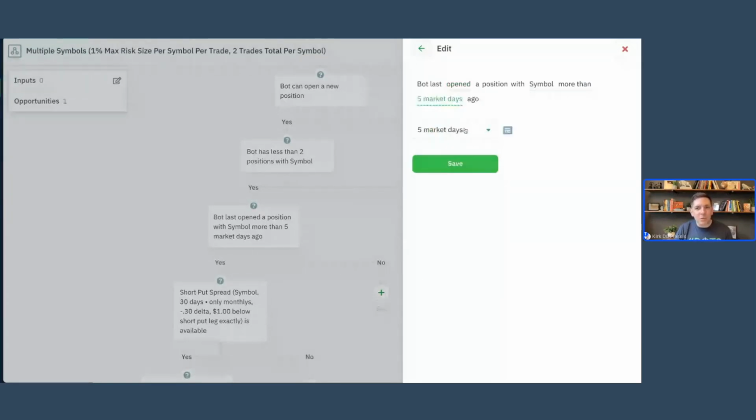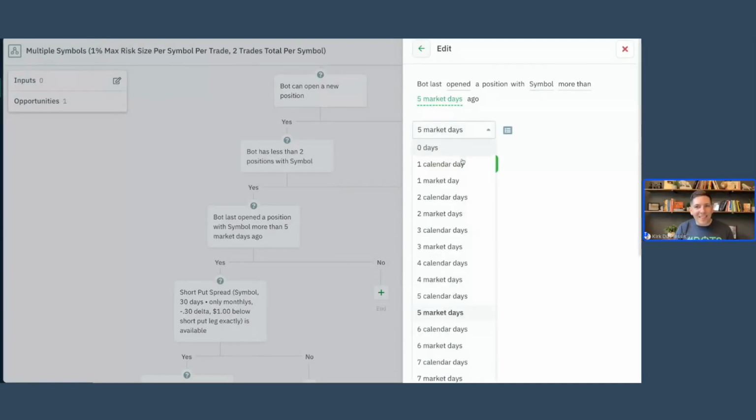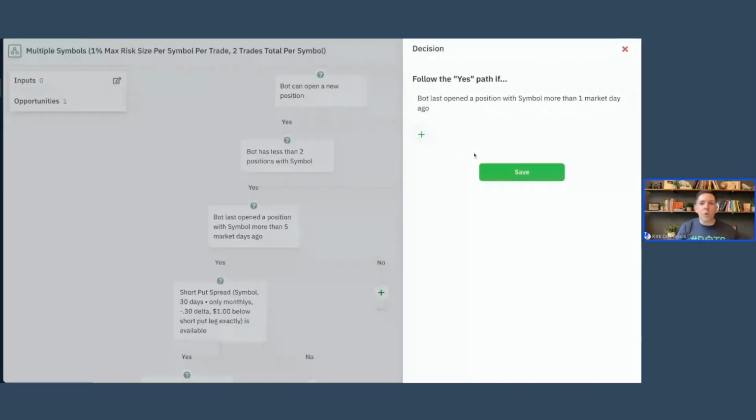This is how you spread your trades out over time. If you just want to enter trades over time, right? If you're using some kind of market indicator, you could obviously do that as your indicator to get into a position. But you could also do a market indicator and say, you know what? I want to make sure that the last time it opened a position was more than a day ago, so I don't piggyback the same trade every day that the RSI is low.